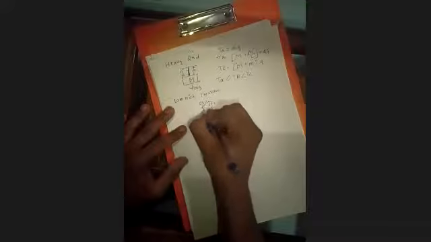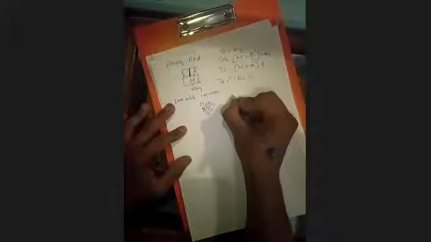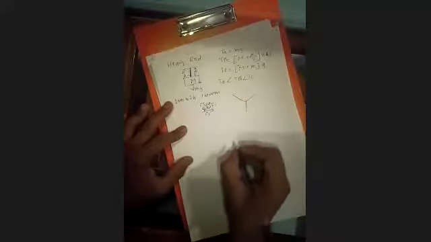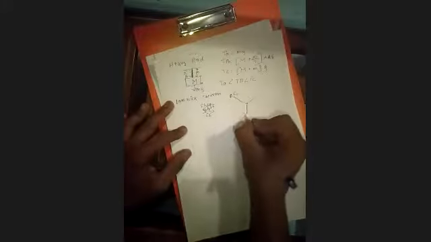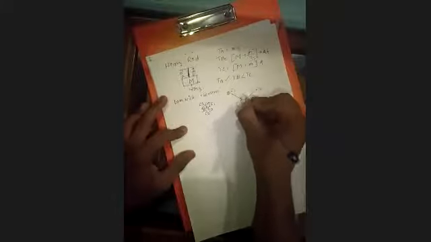So here it will be angle A, here angle B, here angle C. We can also write it like F1, F2, F3. Here it will be A, here C, and here B.